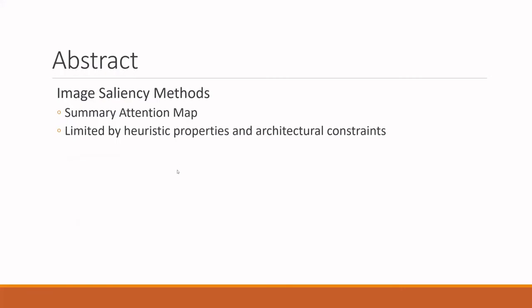First, image saliency methods are used to summarize the attention map of a neural network in an image. However, these methods are limited by their heuristic properties and architectural constraints.